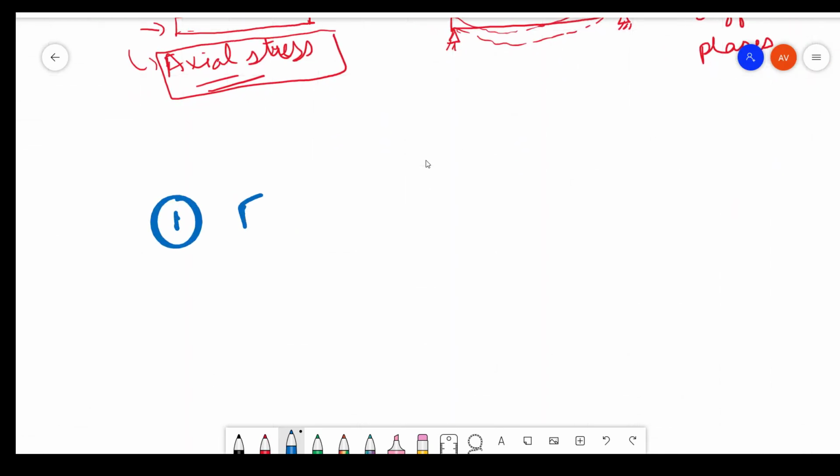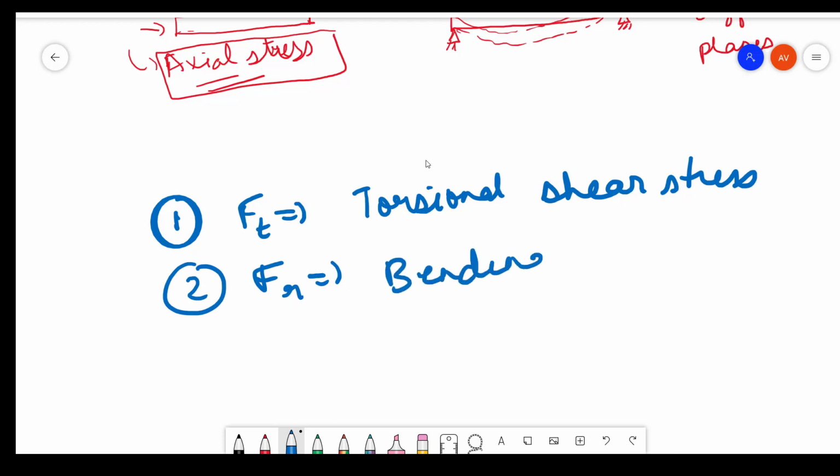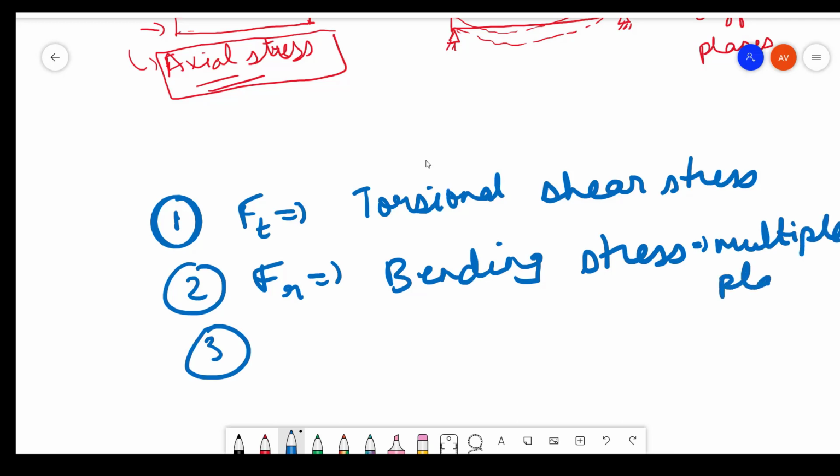First, because of Ft you are going to have torsional shear stress. Then because of Fr you are having bending stress at multiple planes. And because of Fa you are going to have axial stress.